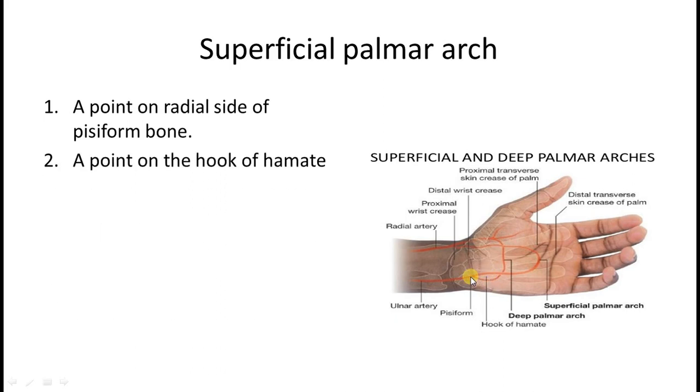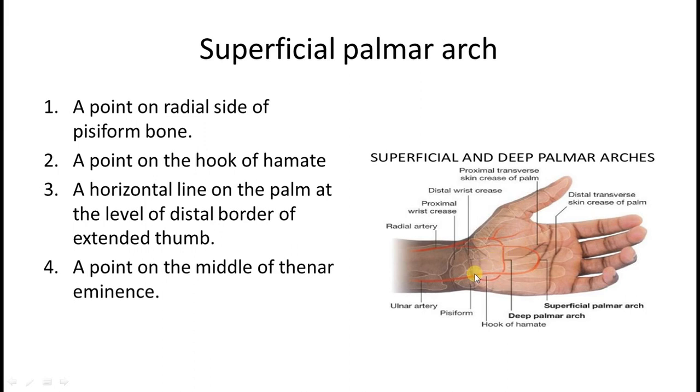So one on the pisiform, one on the hook of the hamate, and then on the palm, just opposite the level of the lower border of extended thumb. This will be your lower border of the thumb. You just extend your thumb, and at the lower border of the extended thumb you keep a point, and then under the middle of the thenar eminence. So 4 points.